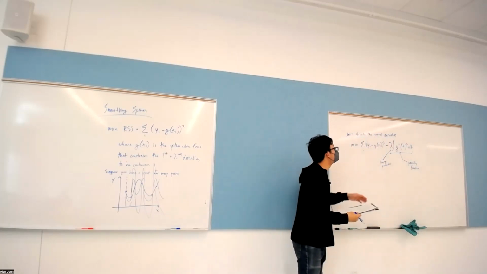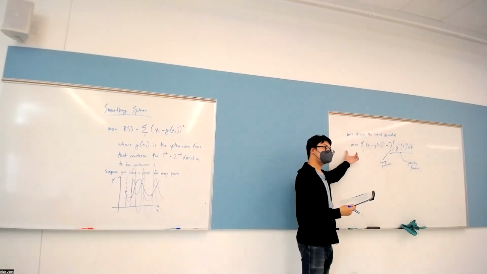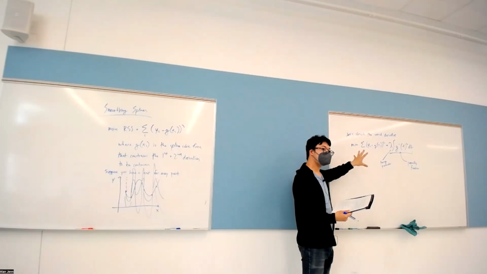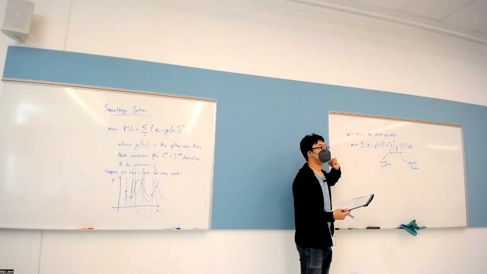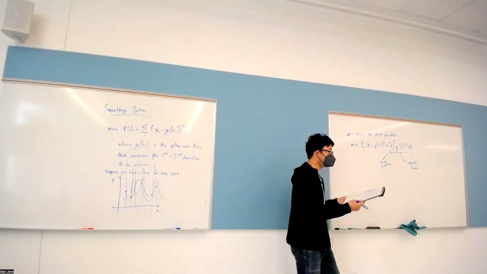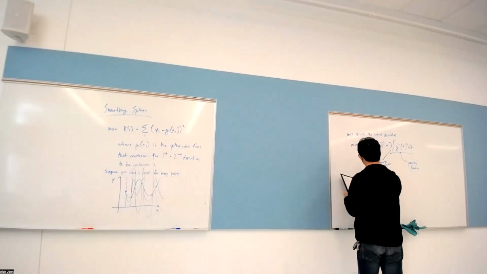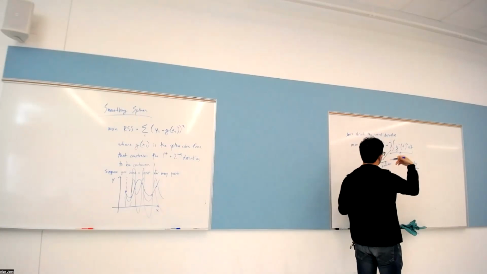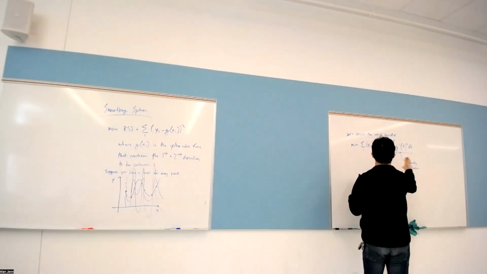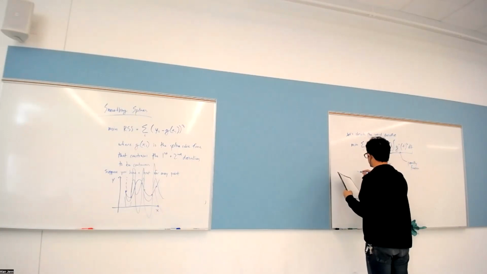Okay. Does this look somewhat familiar at all to you guys? Yeah, ridge regression, exactly. So this is the analog for kind of a ridge regression in the context of doing splines.